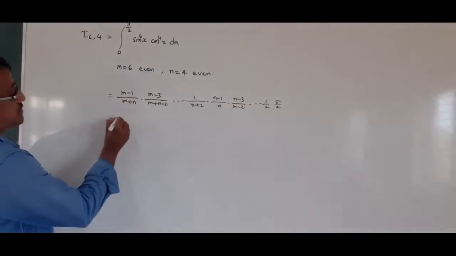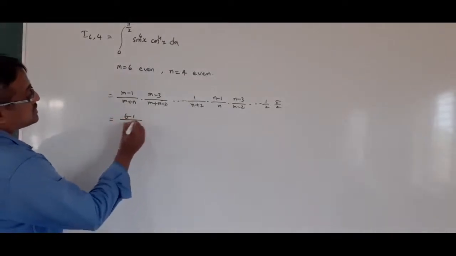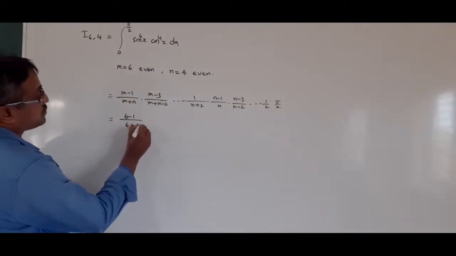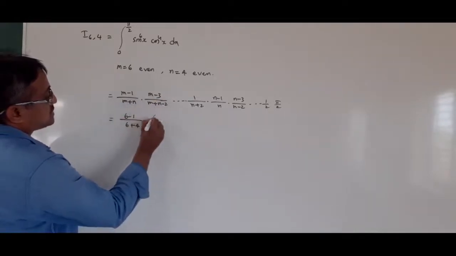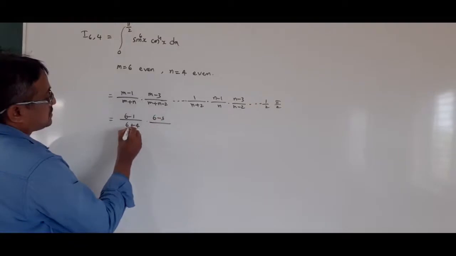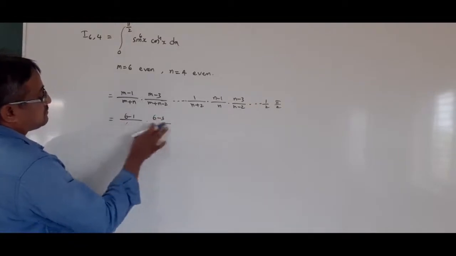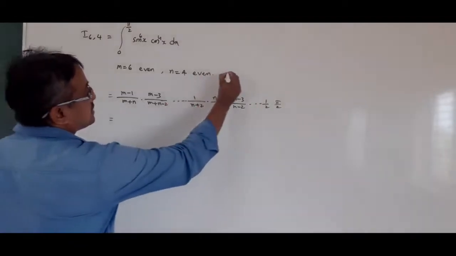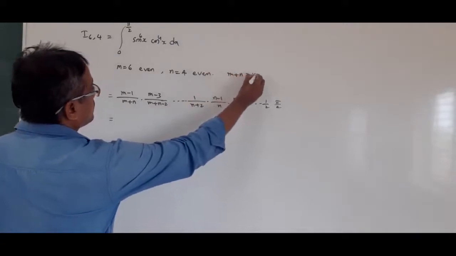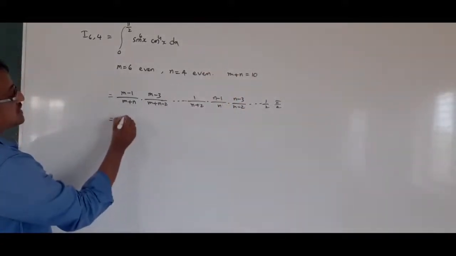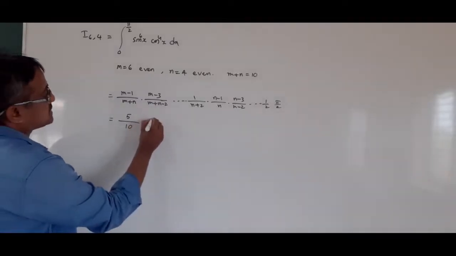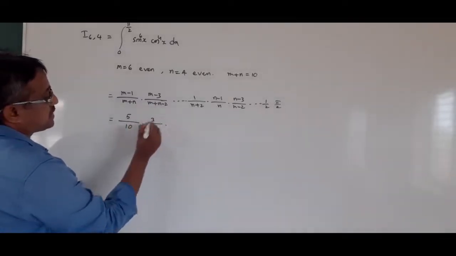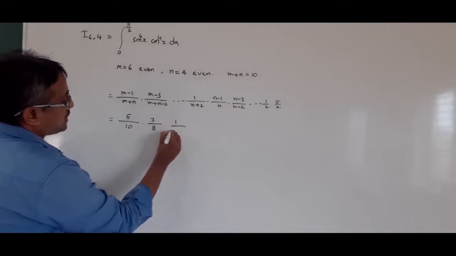Now we have to write (6 minus 1) by (6 plus 4), (6 minus 3) by, now better to take m plus n is equal to 10. So (6 minus 1), 5 by 10, into (6 minus 3), 3 by 8, into 1 by 6.